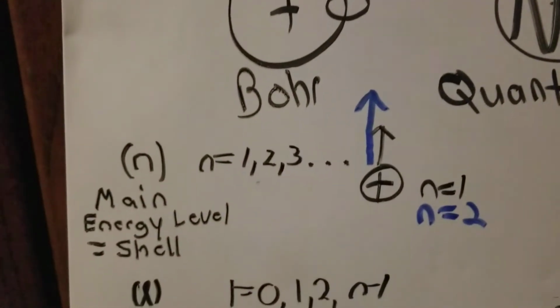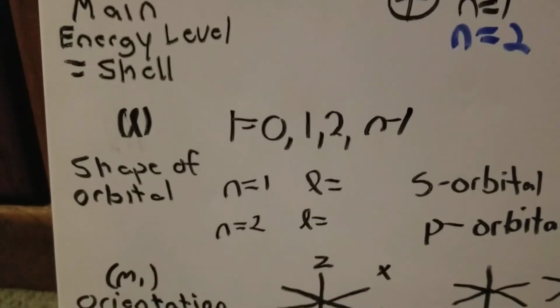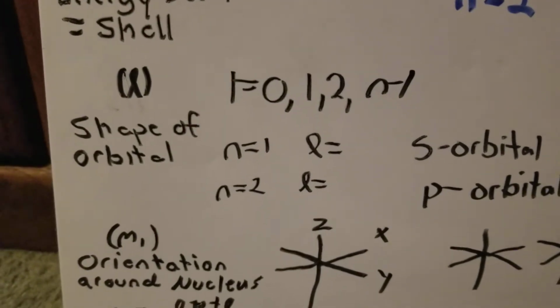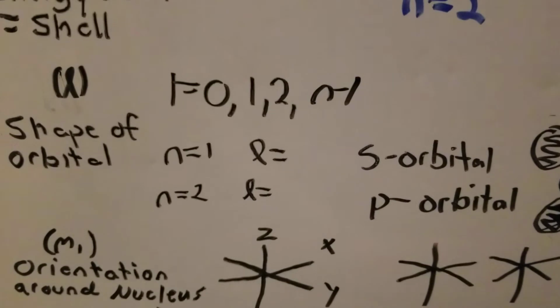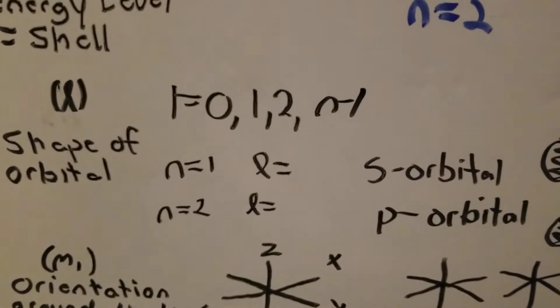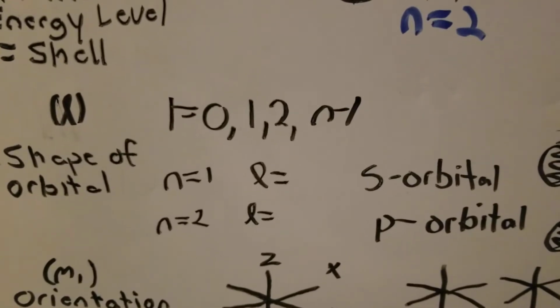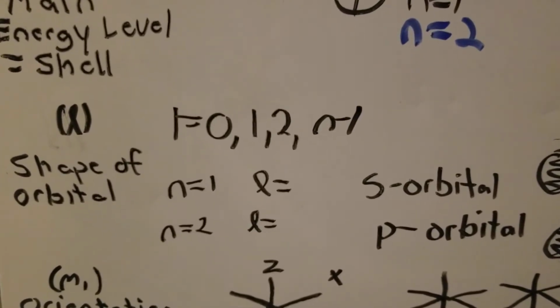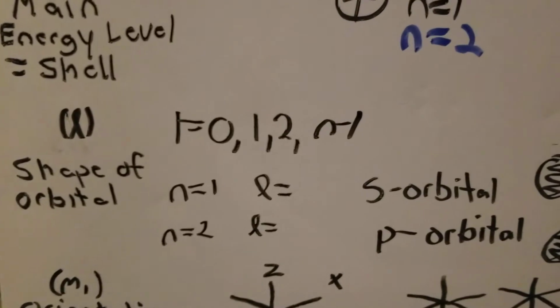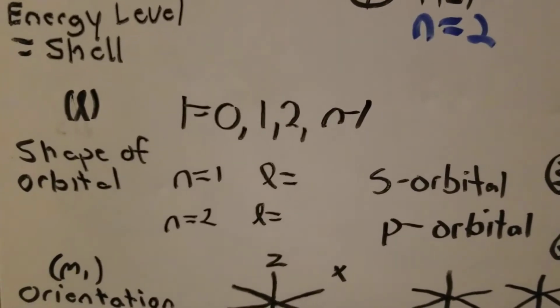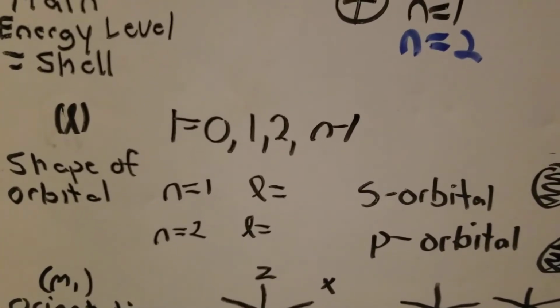Now, our next quantum number we will designate as L. And L is going to represent the shape of the orbital. We also will refer to this as a subshell. L is dependent upon n.